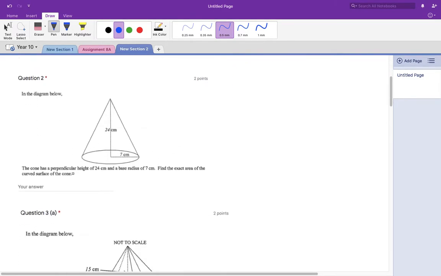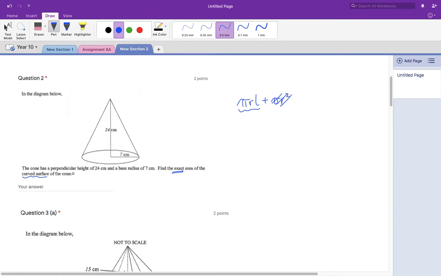Question 2. For this cone, it's asking you to find the exact area, so the curved surface area. For a normal cone, you have pi r L plus pi r squared. But which part is the curved surface? It should be the top part, the front part, right?